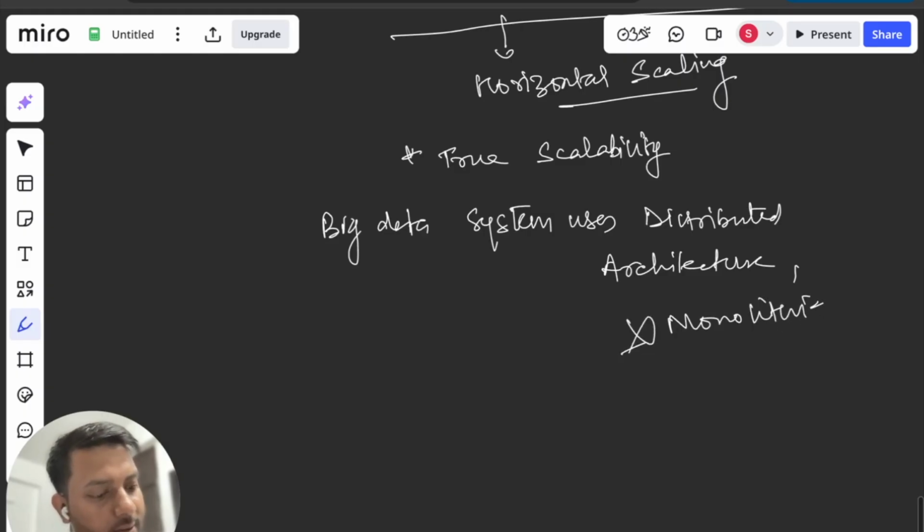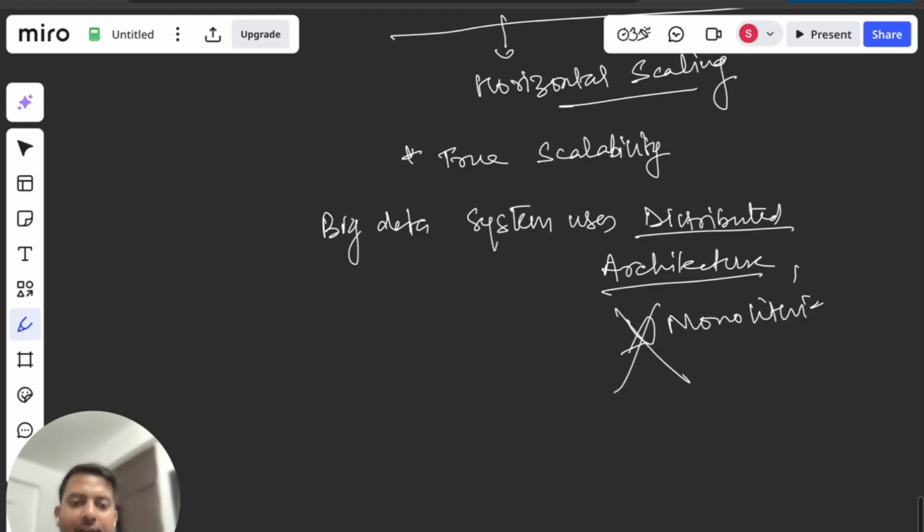So that was the difference between monolithic and distributed. In an interview, people can ask why big data uses distributed architecture. I have explained it very well: there is a difference between vertical scaling and horizontal scaling. You just have to show them, and I'm sure the interviewer will be impressed.